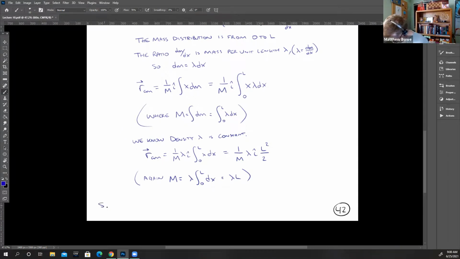So we have the position vector, one over the density times the length of the rod. Then we have to bring that new lambda in. Oh, sorry, that was down here. This lambda up here is from the original, in the direction of x, the horizontal direction. L squared over 2.